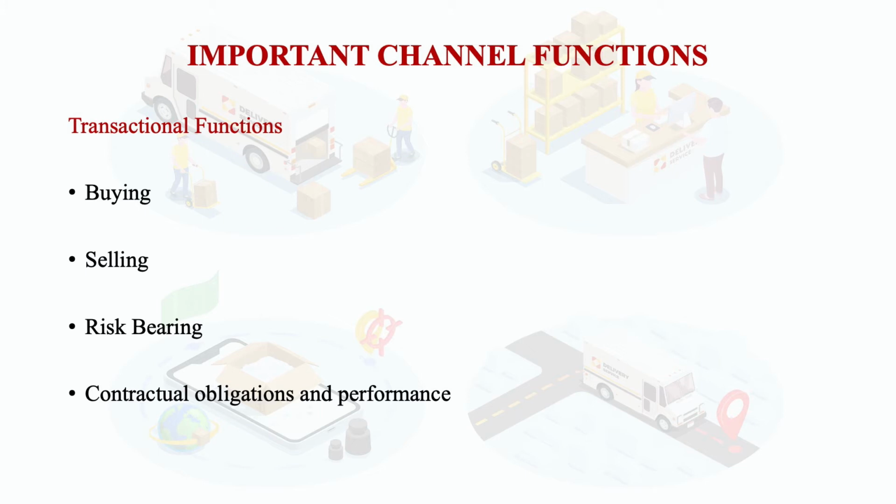For example, carrying point of promotion articles, providing ancillary services, providing advisory services, and so on. So, all those contractual obligations and keeping the goods in a certain condition. For example, a certain product requires some cold storage, those would have to be fulfilled as part of the transactional functions of the channel members.